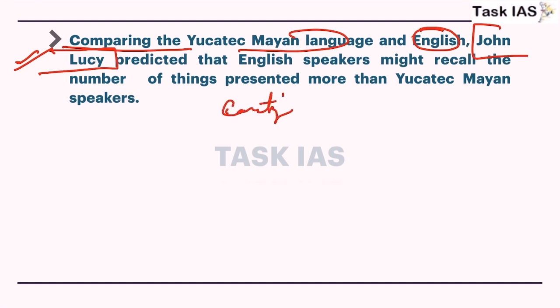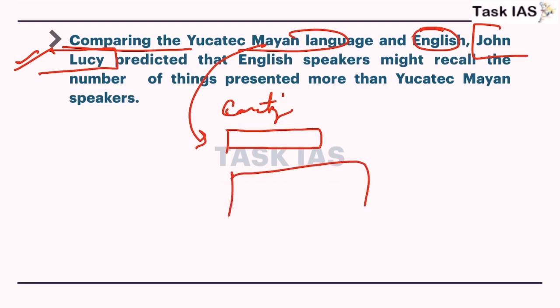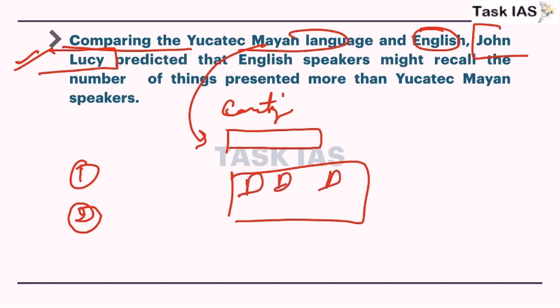Mayan people and English-speaking people were given a task to identify different apples or other fruits on a screen.